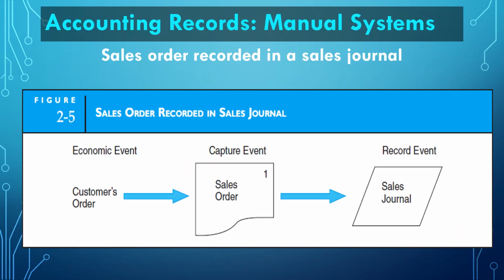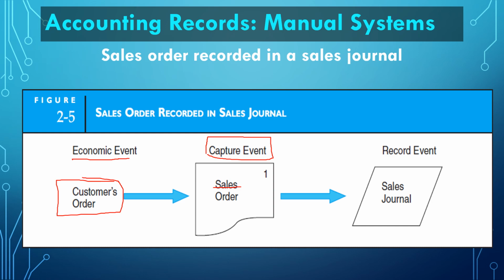Now let's look into the process of the accounting records in the manual systems. We take the example of sales order records in the sales journal. The economic event is the customer order, and capturing this event is based on the sales order document, which is the source document generated by the data collection process, as we explained in the previous slides.